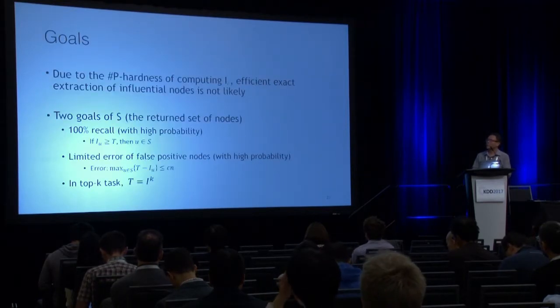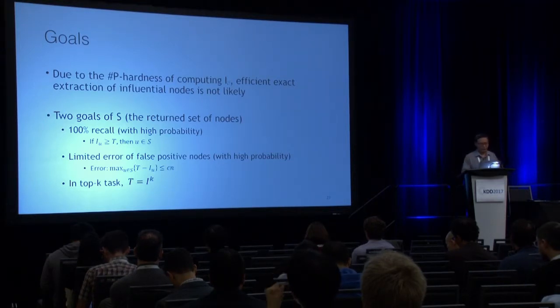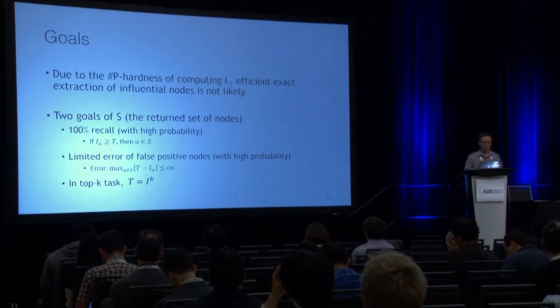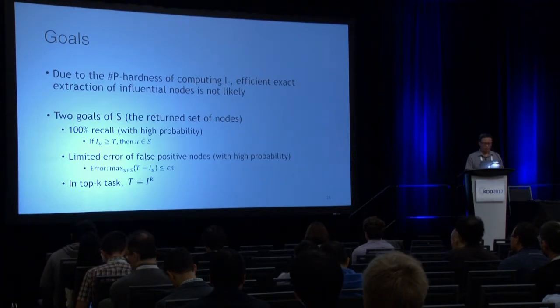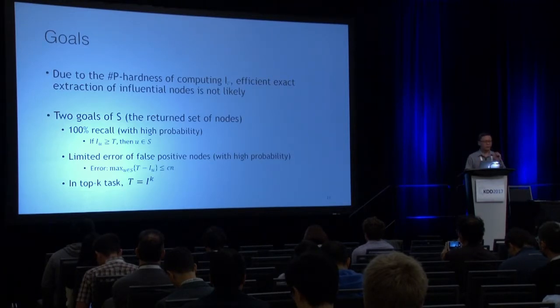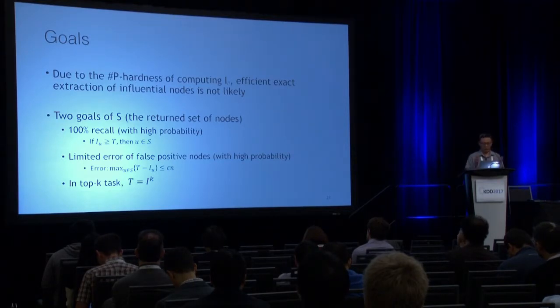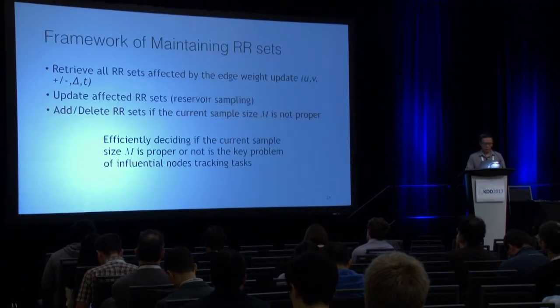So the goal is that we want to estimate this m, but due to the NP-hardness of computing this, the efficient exact extraction of the influential nodes is unlikely to happen. So what we really want here is a high recall. Indeed, it's 100% recall with high probability. And we want to constrain the error of false positive nodes to a range specified by the user. Okay. So what we can do is retrieve all the RR sets affected by the edge weight update.